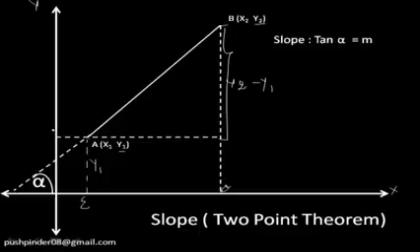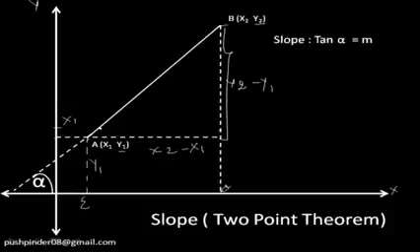Similarly, from this point to this point it is going to be x2, and from here till here it is going to be x1 because of the coordinates. Similarly, the base of the angle would be given by x2 minus x1.